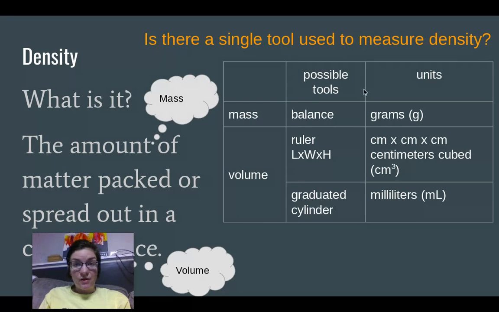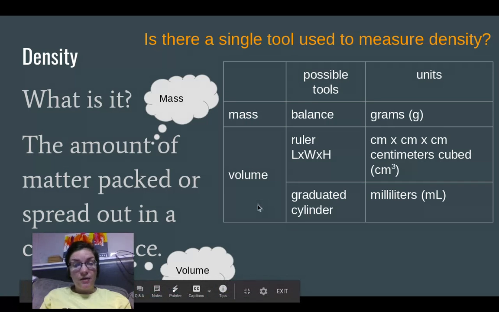That's a balance. So a balance takes out gravity and doesn't factor it in. The scale in your house, when you step on it, it's taking in how much gravity is pulling down on you. For mass, you probably use them in your other science classes. You always have to like zero it. That's to take gravity out of the equation, okay? And it's always in grams.